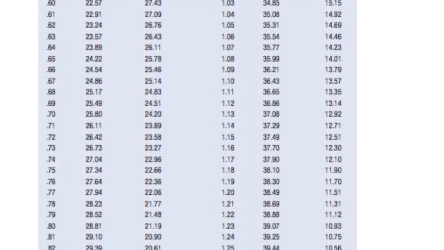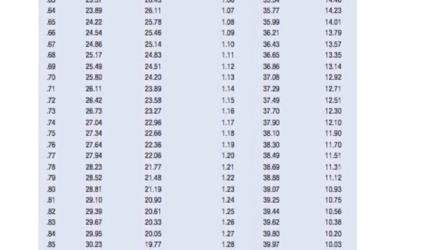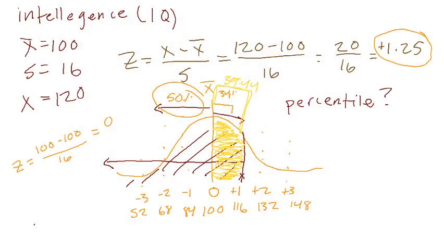The 1.25, I need to scroll down a little bit more, a z-score of 1.25. The percentage between the mean and z is 39.44.